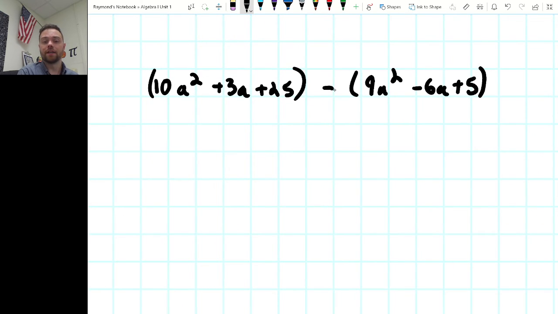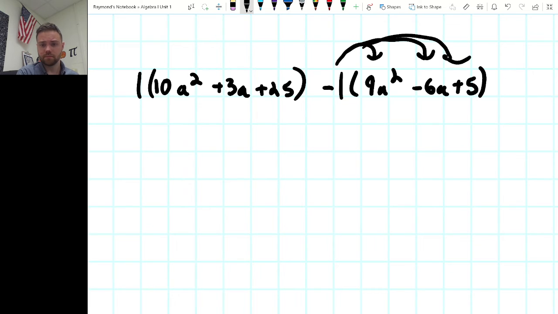You've got a negative in front of this parentheses, so that's a negative 1. This is understood to be a negative 1 anytime you see a subtraction sign between anything. This negative 1 is modifying this entire parentheses here. And over here, you can understand anything in front of a parentheses to be 1. Since this is negative 1, it's going to distribute to every term. And since this is 1, this is going to distribute to every term.